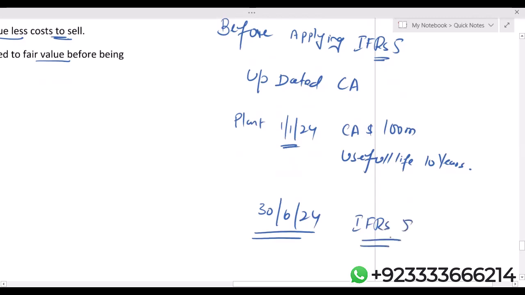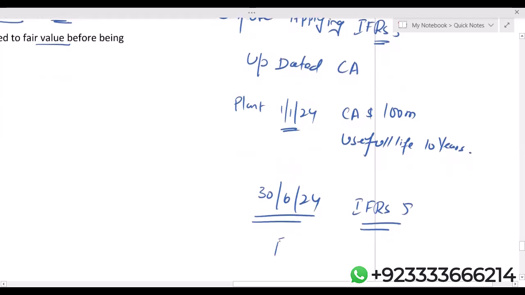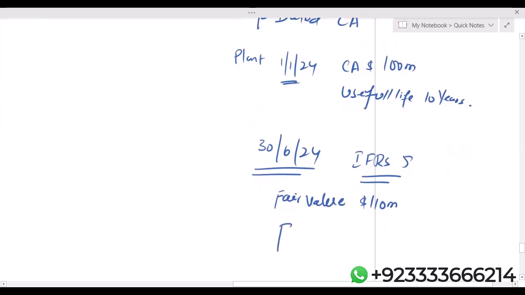And the fair value of the asset is, let's say, 110 million. Fair value minus cost to sell is 107 million.